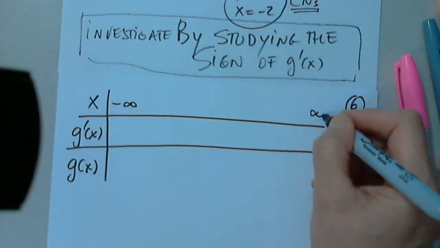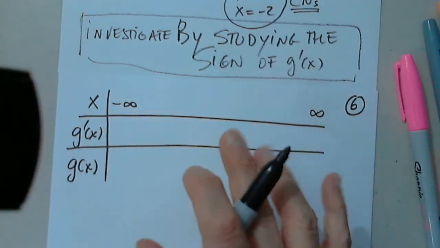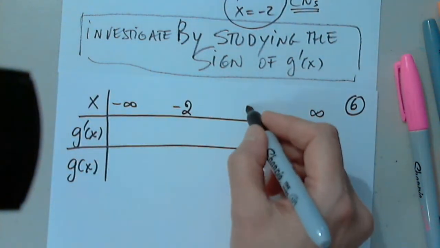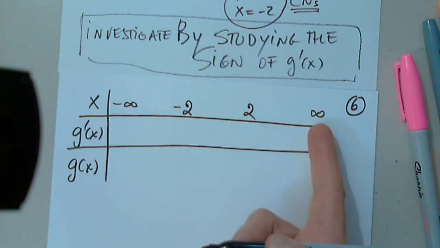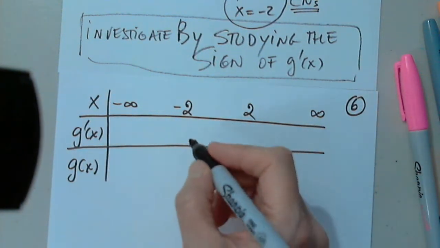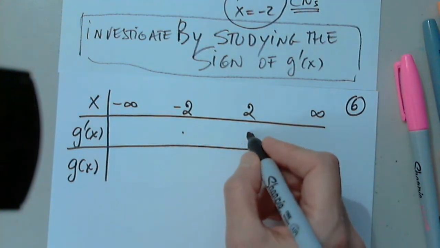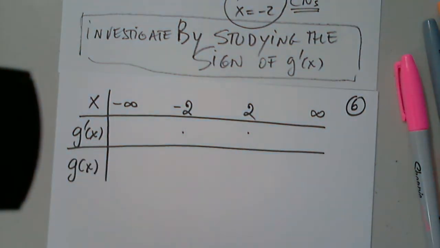Sorry about that. All I care about is negative 2 and 2 in the correct order in the table, from left to right. For g prime, what do I write under negative 2 and under 2?